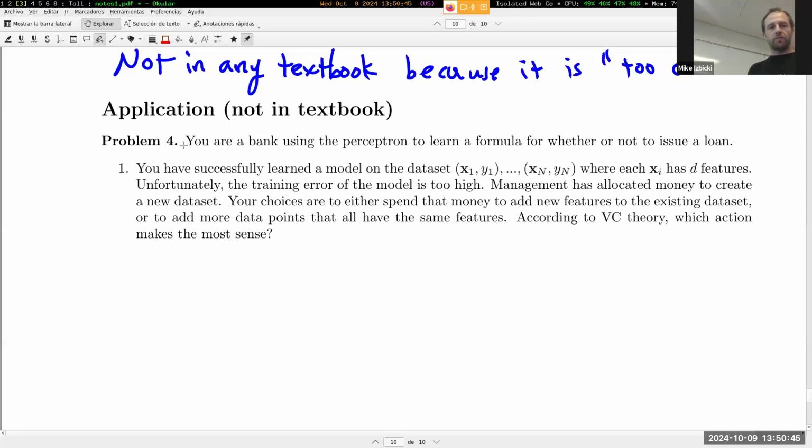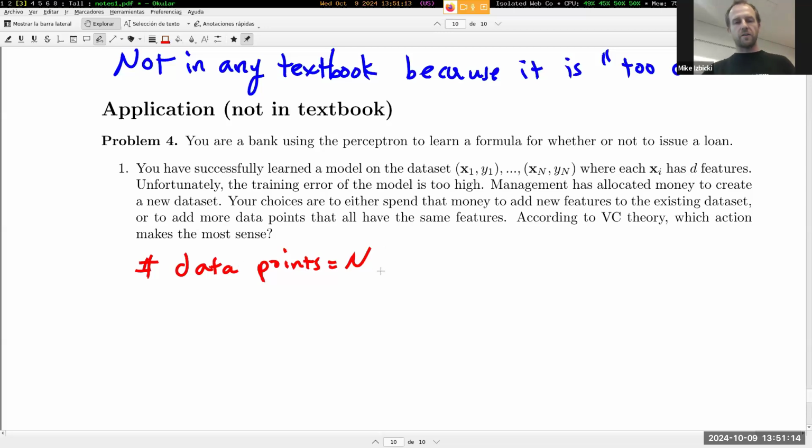Okay, so what is the problem? You're a bank using the perceptron to learn a formula for whether or not to issue a loan. You have successfully learned a model on some data set where each x sub i has d features. Summarizing what the problem says: the number of data points is still equal to n, which is just the notation from the book.